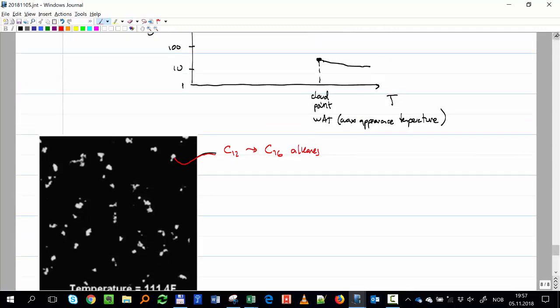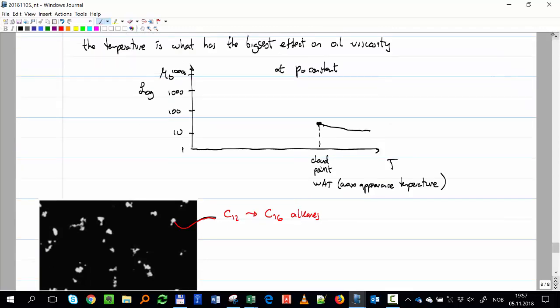After that, you will have a very abrupt increase in the viscosity, because these particles will start to make it almost like jello, some gelatina, that thing that you eat, right?